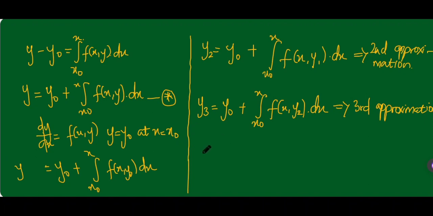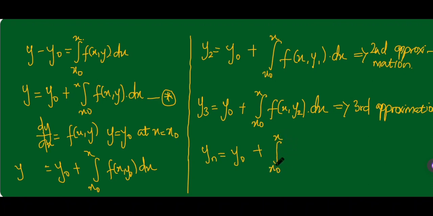So in general, we can keep going on and on depending on what the question asks of us. We might be asked to find 3 approximations using Picard's iterative method. It could be 4 approximations, it could be 1 approximation only. But depending on what the question wants, this is how we'll go about it. So in general, we'll say yn is equal to y naught plus the integral between x naught and x, which are the limits that they give us, of f(x, yn minus 1) dx.